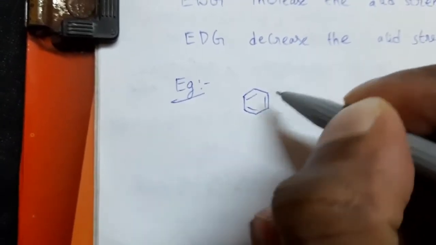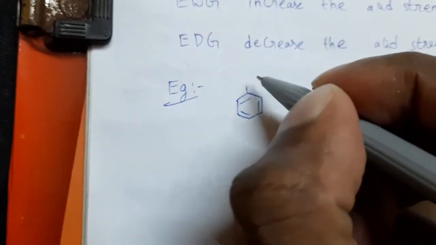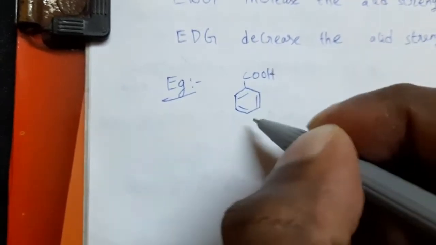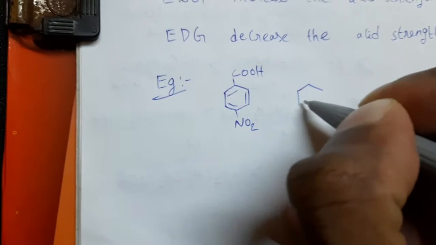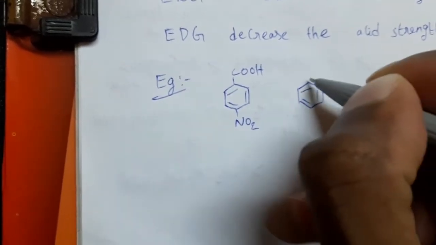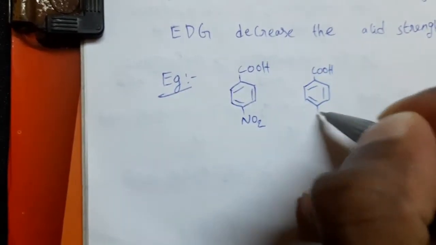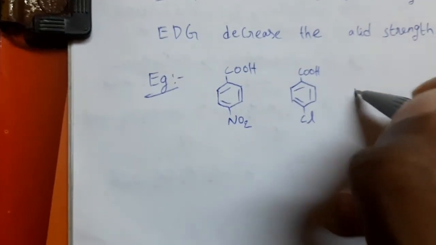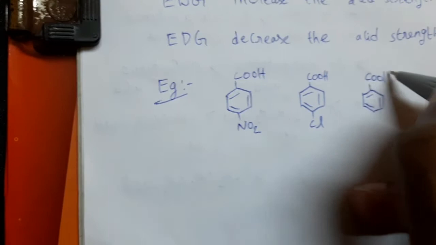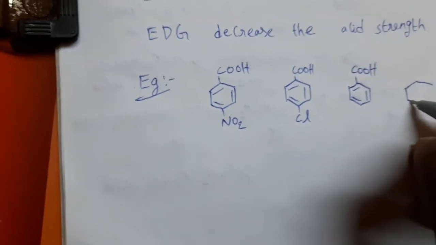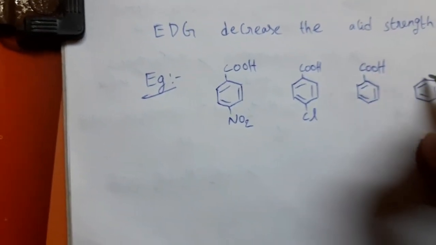Benzoic acid having NO2 group at para position, and chlorine atom at para position. Benzoic acid without any substituent, and electron releasing group CH3 at para position.